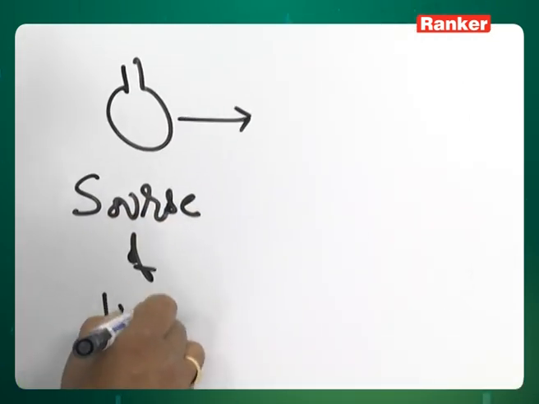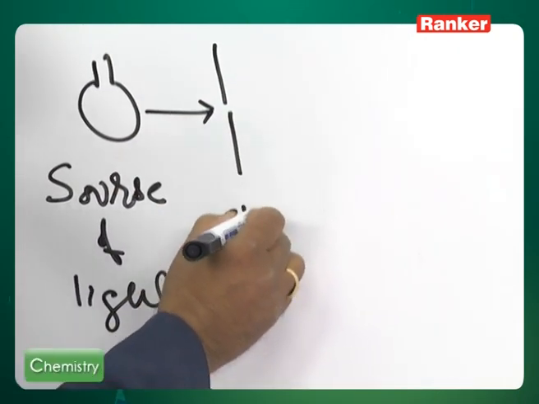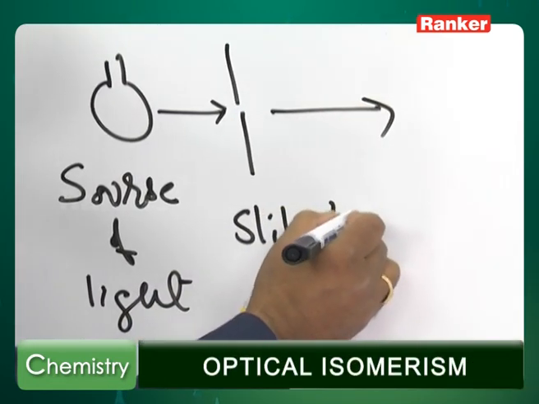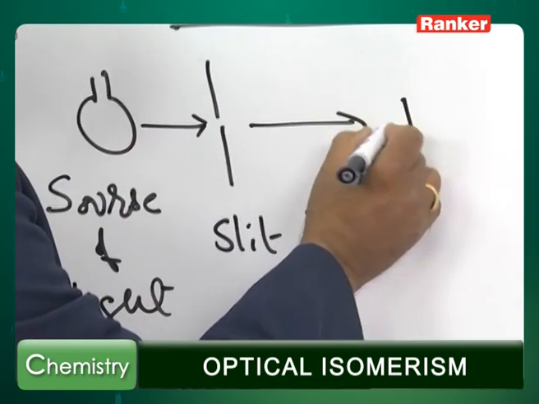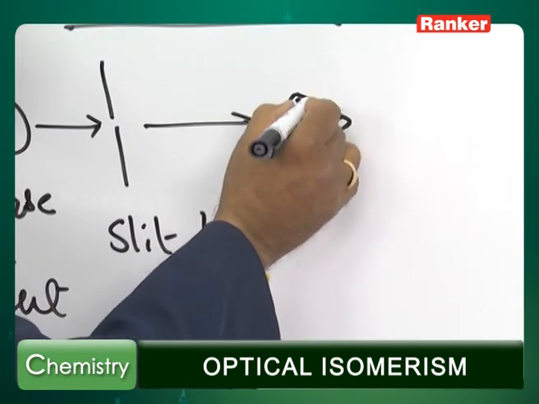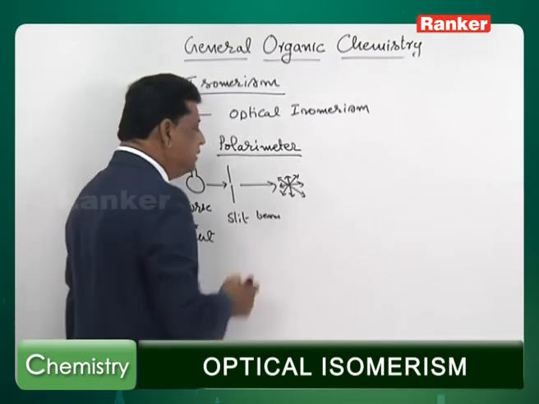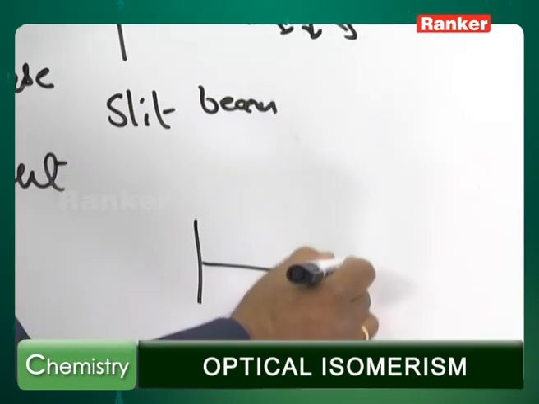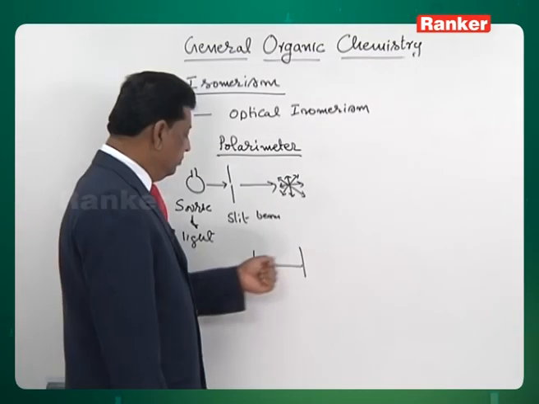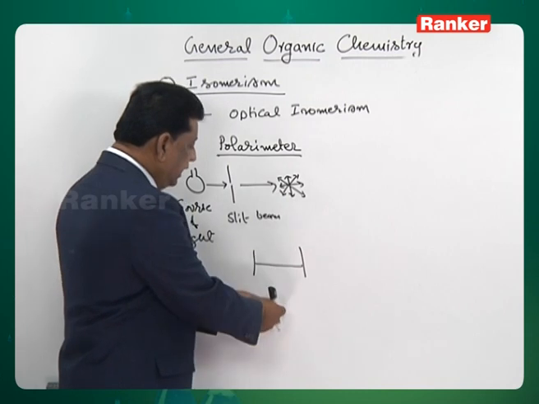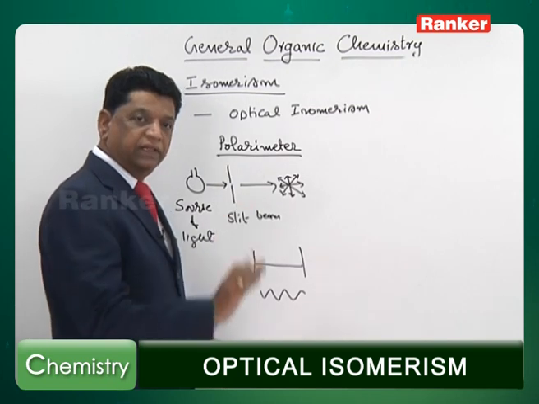of light. This light is passed through a small slit so that a beam of light comes out. This beam of light is shown with a symbol like this. Just like a wire between two sticks, if you tie it up here and just pull and leave it, the wire will go on oscillating, giving waves.